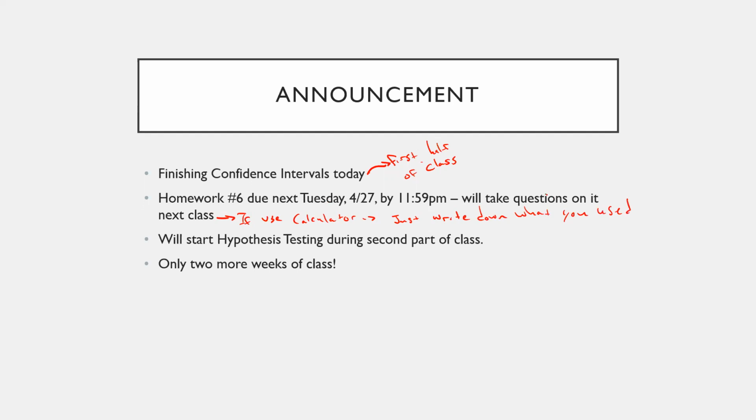When you do the problem, just write something like, I used Z interval, or I used T interval. A lot of times when students miss the problems, they use Z interval when they should have used T interval, or they use T interval when they should have used Z interval. I just like to see that in the homework. So if you use your calculator, just write that down.